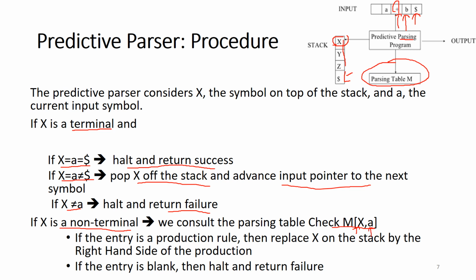If the entry at M of X comma a is a production rule, then we replace X, which is a non-terminal and the top of the stack, by the right hand side of the production. And if the entry is blank, then we halt and return failure, which means that the input string does not belong to the language generated by the grammar.